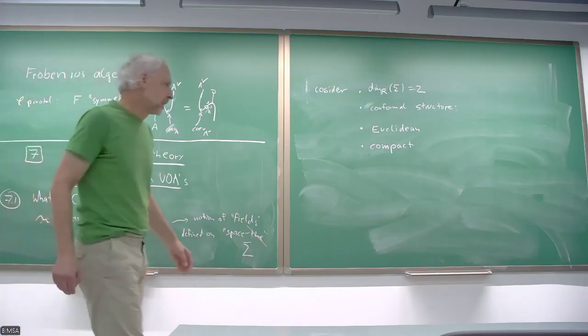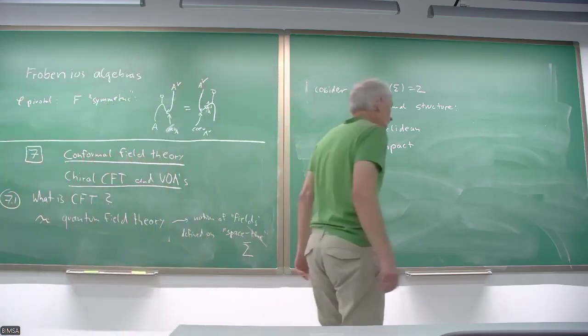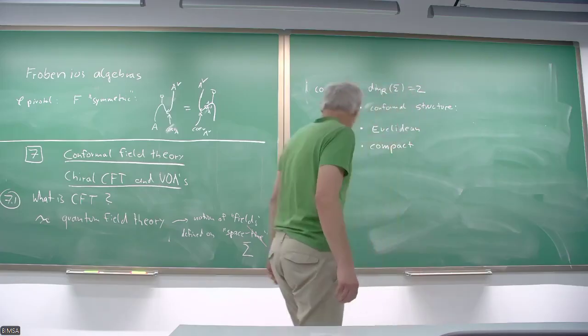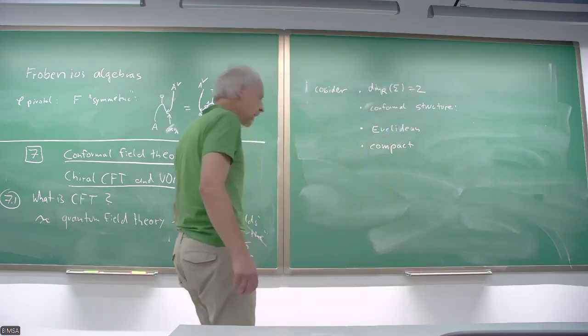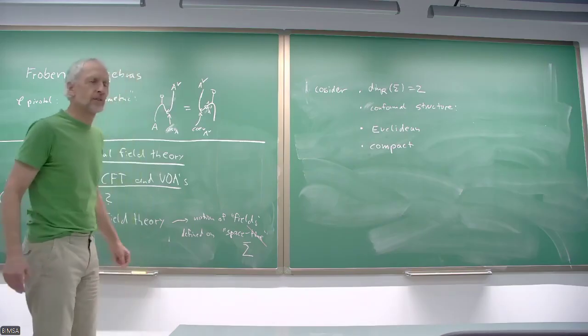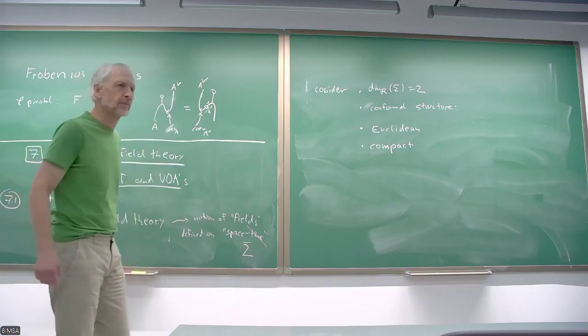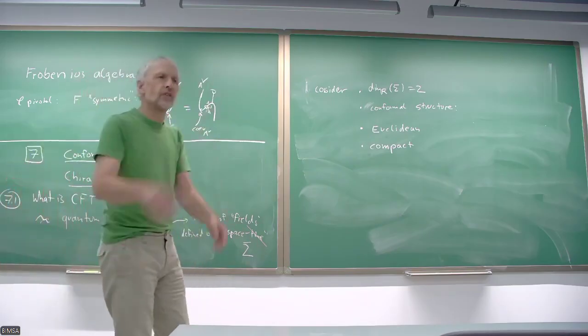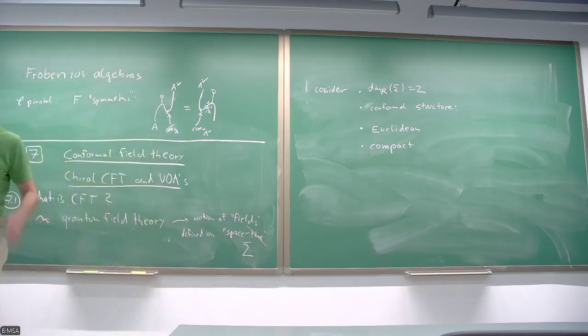And there are even constructions of maybe vertex algebras, or at least some large part of it, starting from that setting. But I have no idea how they work, so I cannot say more than just what I said.